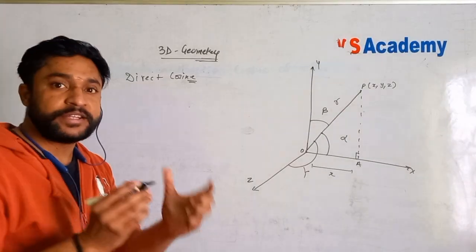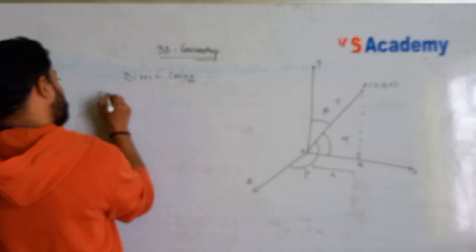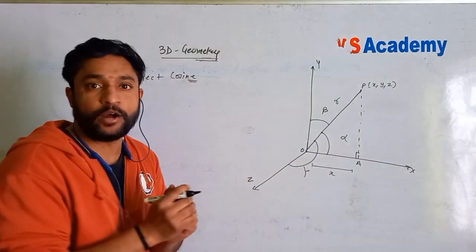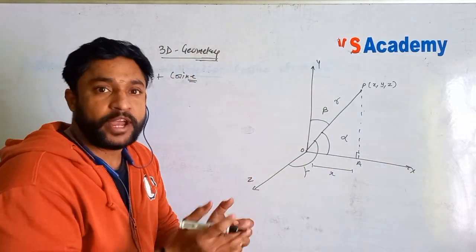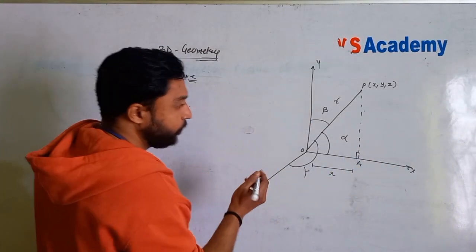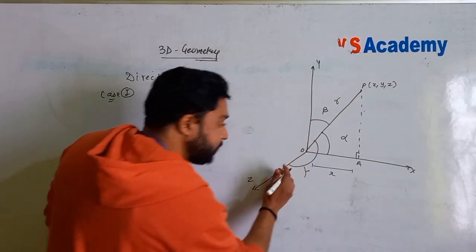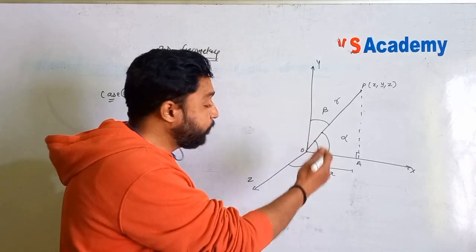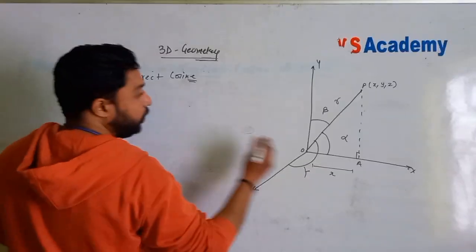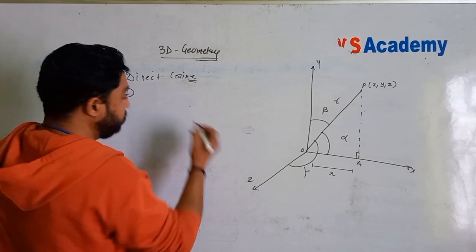Yes, students, we can discuss some particular cases. First of all, when we want to find out the direction cosine of the x-axis. So how can we find out the direction cosine of the x-axis? You can see here the y-axis and z-axis are perpendicular to the x-axis. So we need an angle, okay.